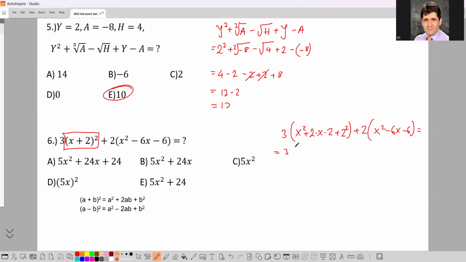All right, then you get 3 and x squared plus 4x plus 4 plus 2x squared minus 6x minus 6.